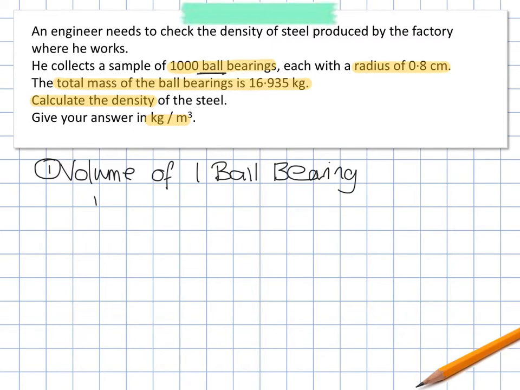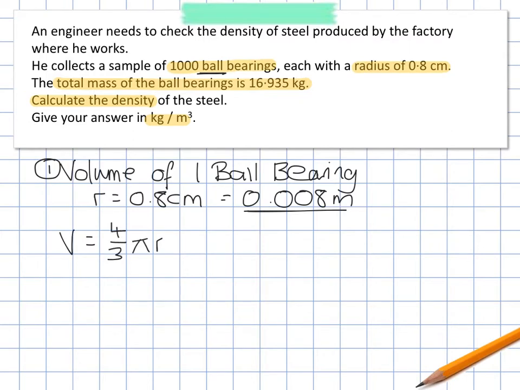As I said though, the radius is 0.8 centimetres and we want that in metres. So we've just got to divide by 100, which will give us 0.008, and now we've got our result in metres. Now for our formula, 4/3 pi r cubed, and that's given on the front of your paper in case you couldn't remember it.